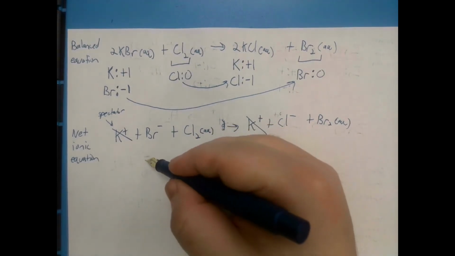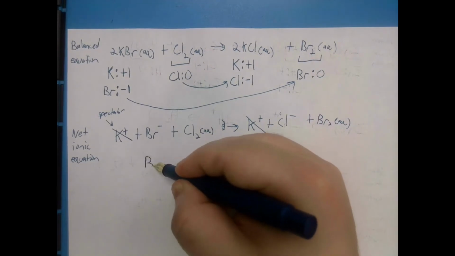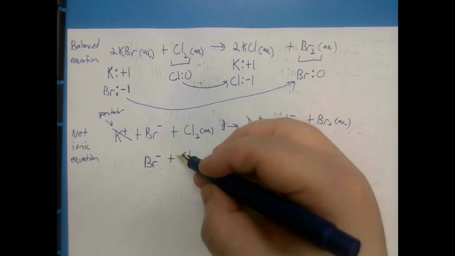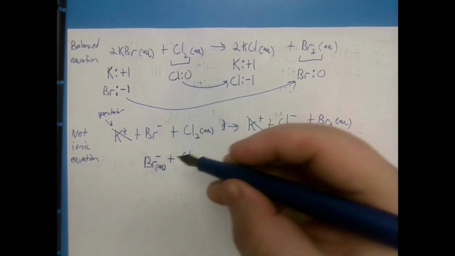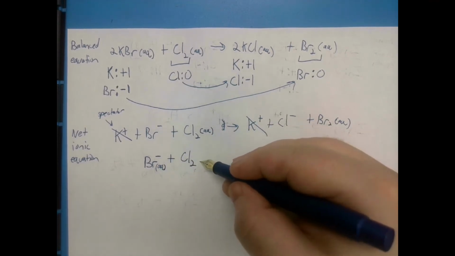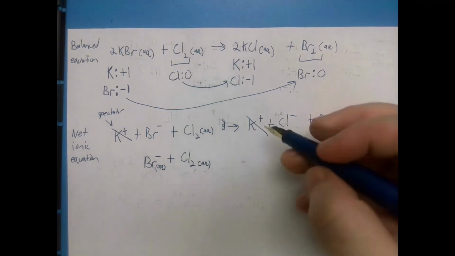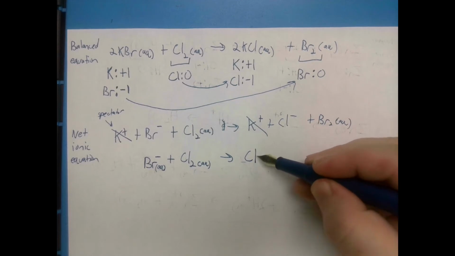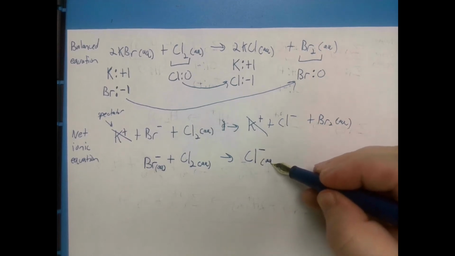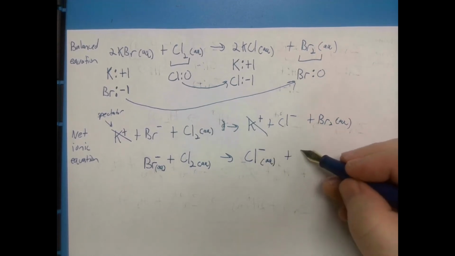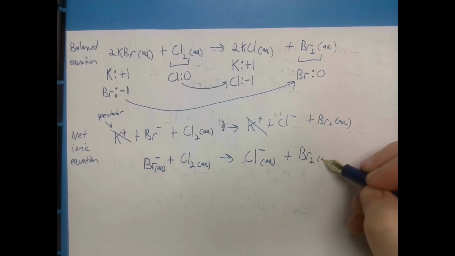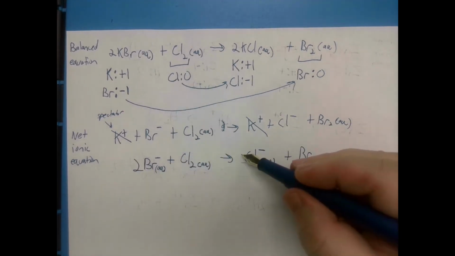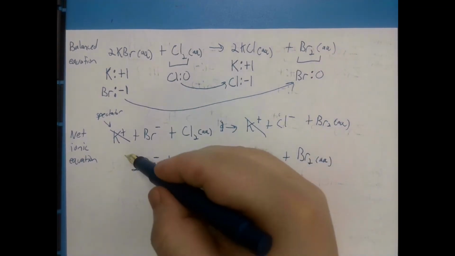Which means the overall net ionic is Br negative, which will be aqueous, plus chlorine, which is a gas or technically aqueous, gives Cl negative plus bromine. And we need 2 bromine and 2 chlorine to balance it out.